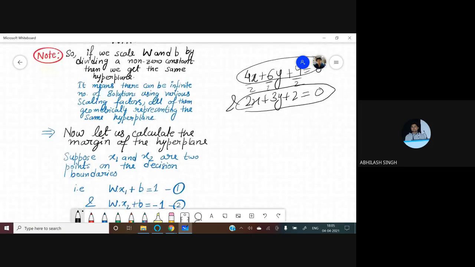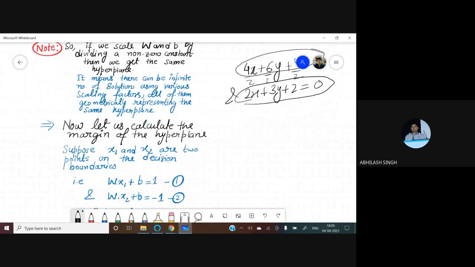For the last 20 minutes, we have been talking about maximizing the margin of the hyperplane.